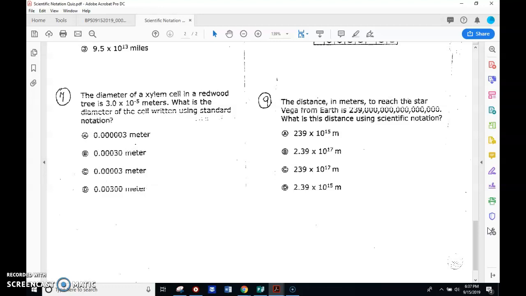A, 0.000003 meters, B, 0.00030 meters, C, 0.00003 meters, or D, 0.00300 meters.